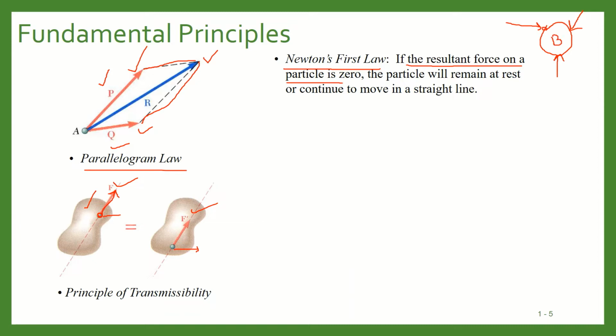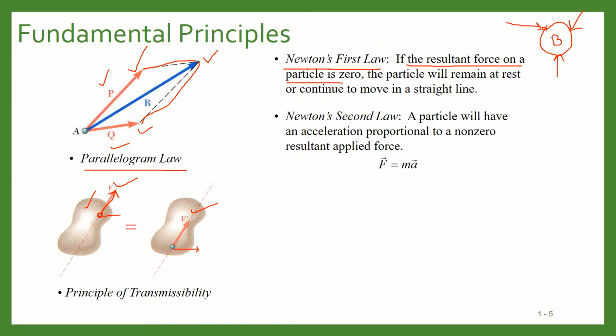Now if the resultant of these three forces is 0, and suppose initially the body is at rest, and you apply three forces and the resultant of all these three forces is 0, then according to the first law, this body will remain at rest because no net force is applied. We applied three forces, but the resultant of the three forces is 0. And similarly, if the body is moving with a constant velocity and then we apply all these three forces, it will continue to move with the same velocity. So this is the first law.